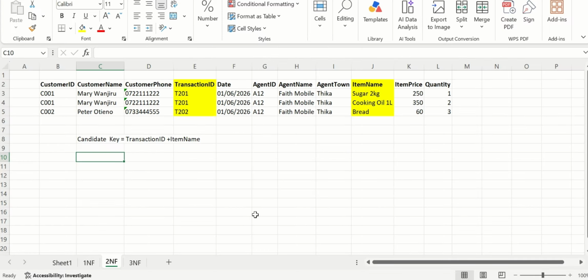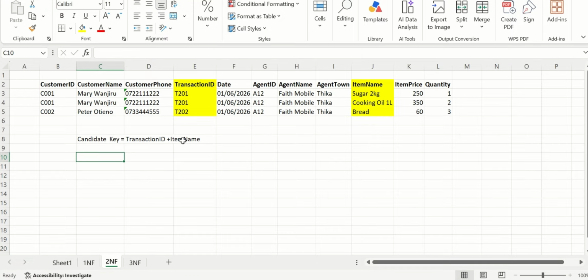So let's now explore each and every non-key value to check whether it depends on the candidate key, the transaction ID, or the item name.